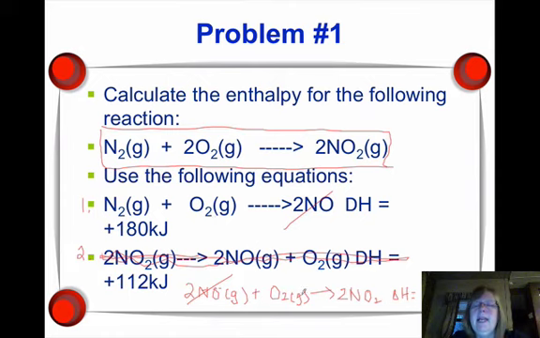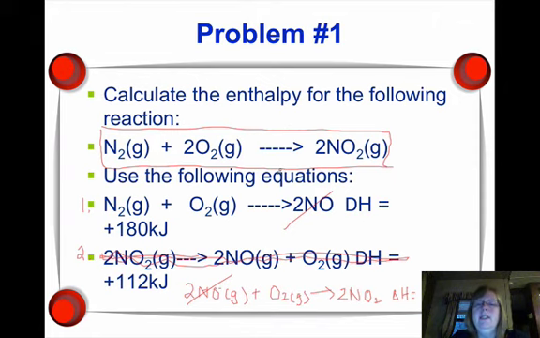Because they're on the same side of the arrow, they're both reactants, we're going to add them together, 2 O2s. Yields, and then the only thing left on our product side is 2 NO2s. So when we add these 2 equations together, once we have flipped the second one, we get what we're looking for, this net equation here.